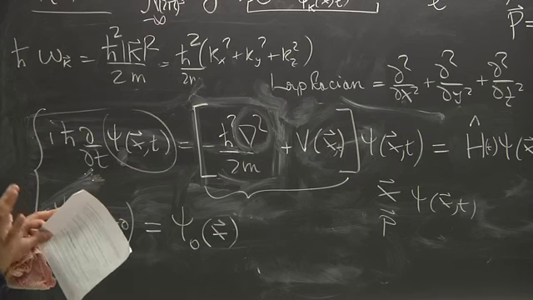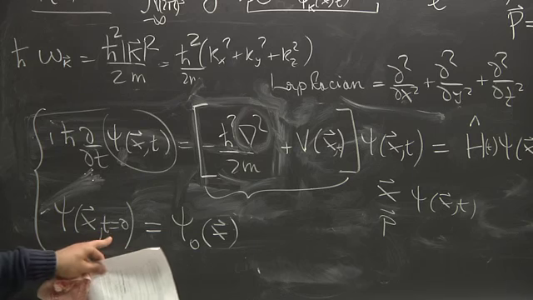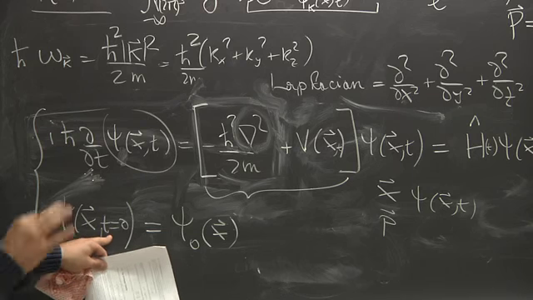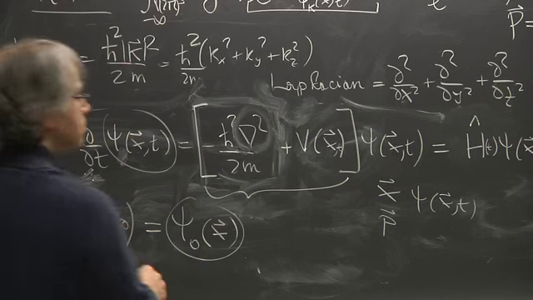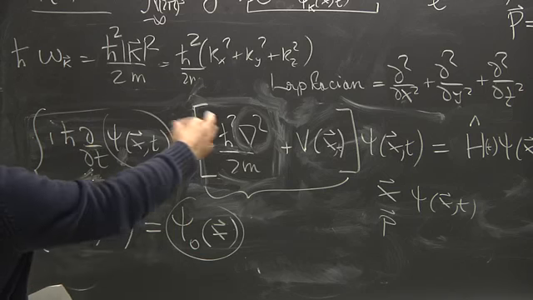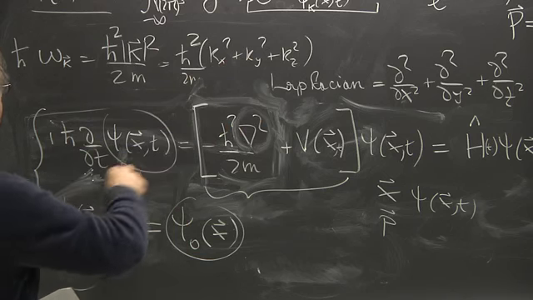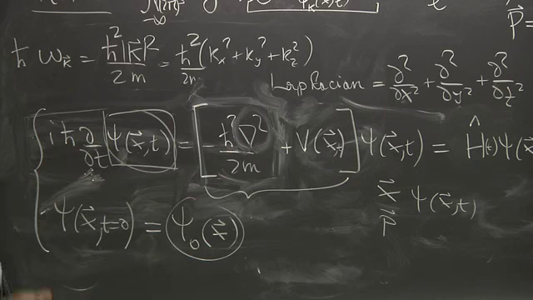So the problem is fully specified once you give me the initial wave function at some arbitrary time, say t equals 0. And then I can, in principle, propagate this information and solve and find psi of x and t at any later time. I'm saying in principle. It's not an easy task.